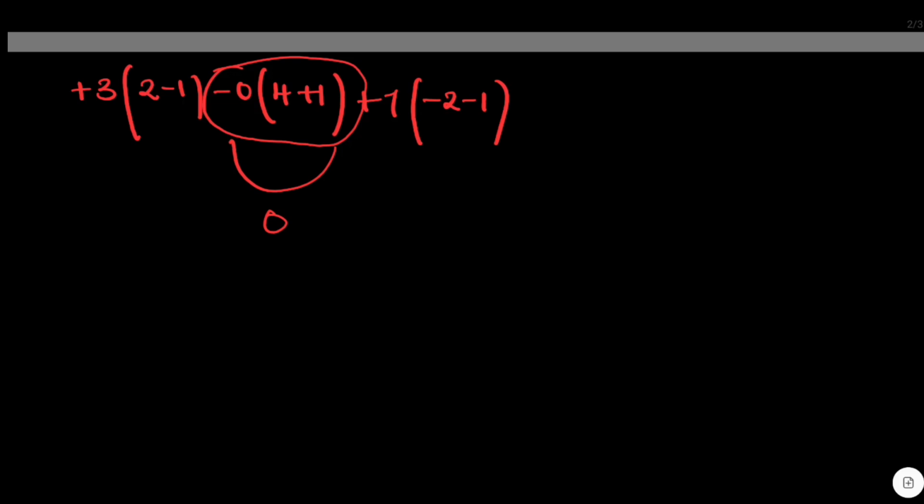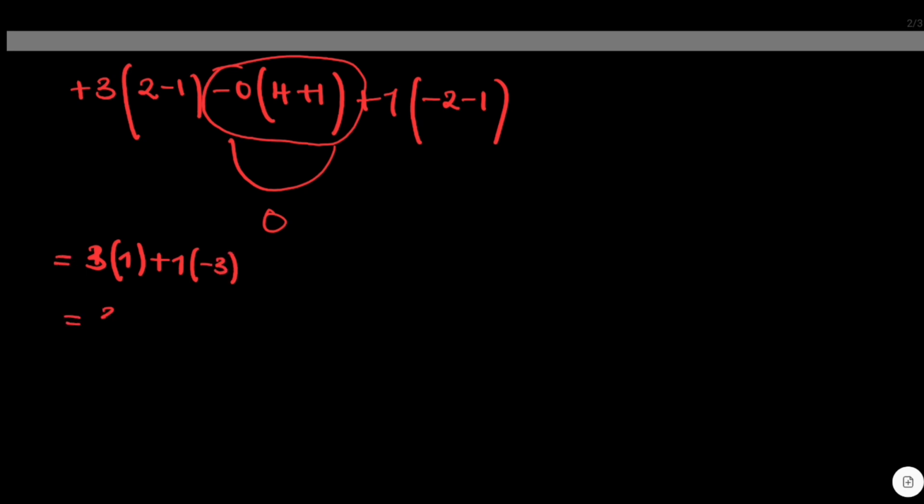So we are going to be left with 3 times 1, because 2 minus 1 is 1, and then plus 1 times minus 3, because minus 2 minus 1 is minus 3. So it's going to be 3 minus 3, which is 0.